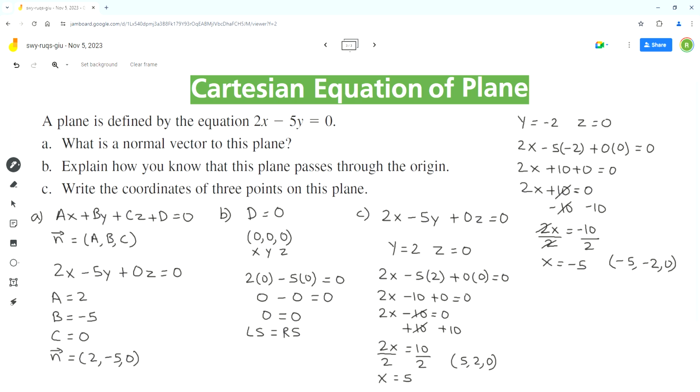For the third point we can use y as 2 and z as 1. Now we can sub in these values in the equation.